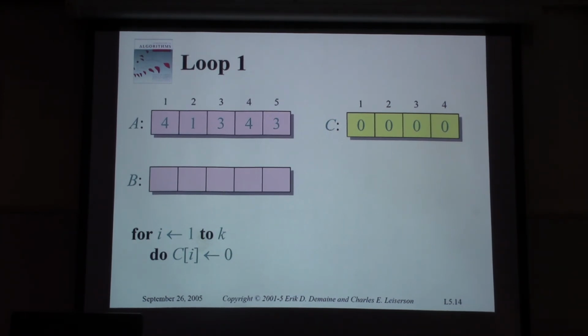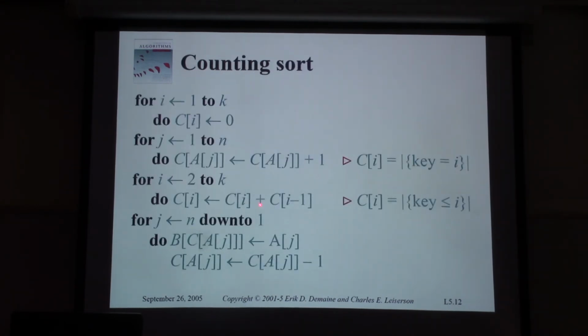The next step is a little more involved. We're going to put into C sub a sub j the value of C sub a sub j plus 1. Remember, all the C sub i's are 0.